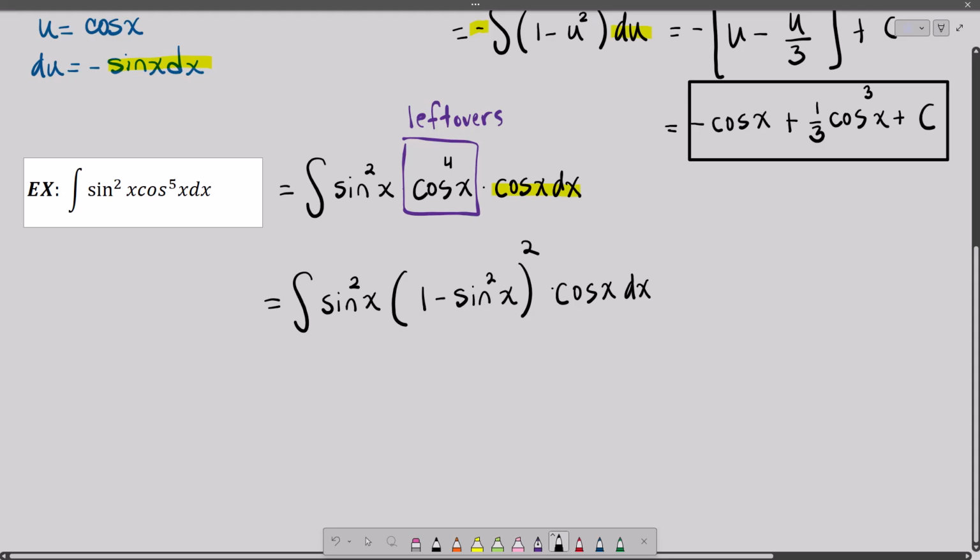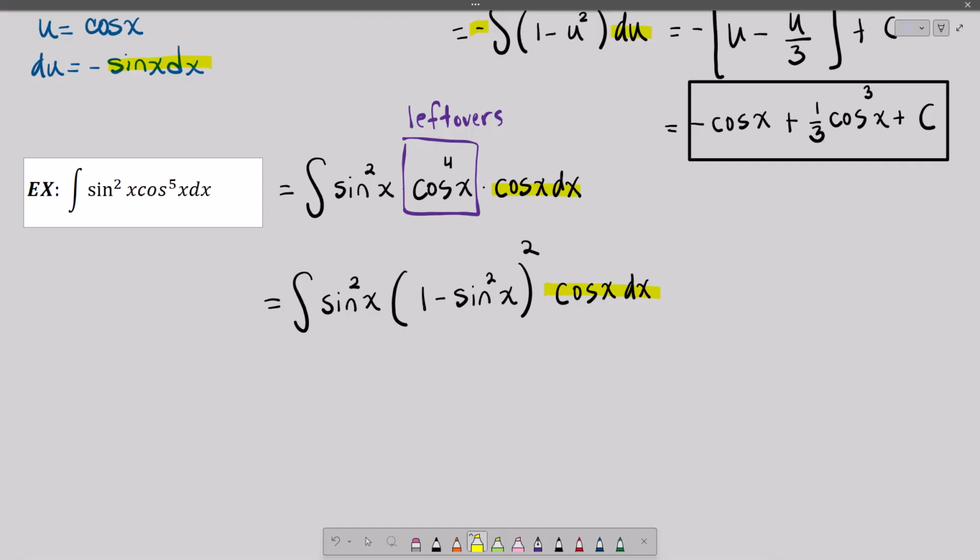And then we have our differential grouped with the single factor that we pulled off. So the idea is when we have this odd power, we pull one off, which forces the power to be even, and even powers of sine or cosine can be converted with the Pythagorean theorem. Cosine to the fourth is cosine squared squared.